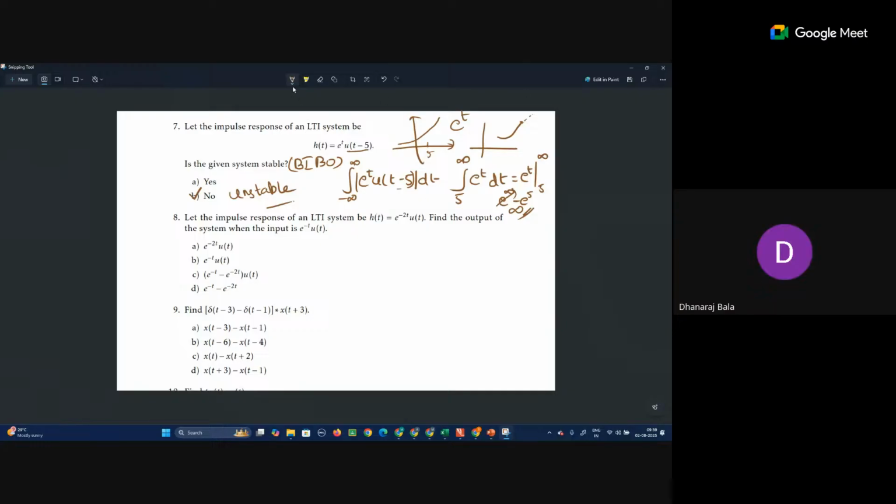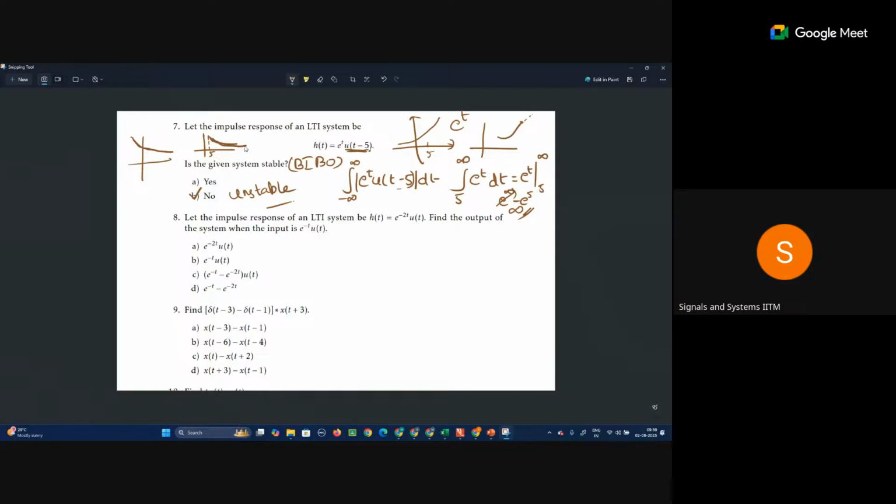Yes, ma'am. For e power minus t, it would have been a stable system, correct? Yeah. For e power minus t, the graph will be decaying, right? Yep. So you have to see this condition also, u(t minus 5). As it is u(t minus 5), it will be going like this, approaching 0.